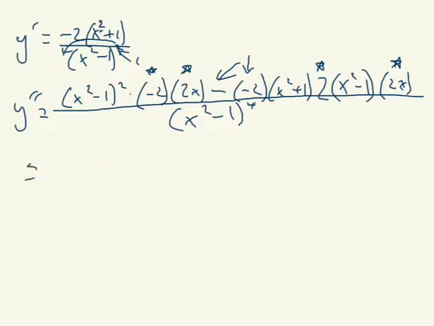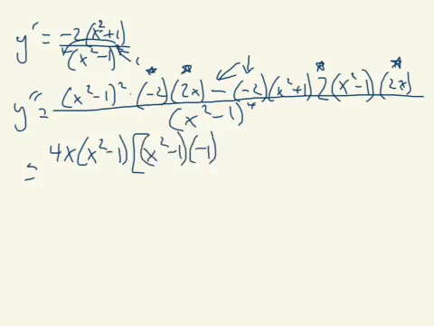So I'm going to pull out 4x, x squared minus 1. So what is left? An x squared minus 1 and a negative 1, right? That negative comes from here. And of course, I only pulled out a single x squared minus 1, so there's one of those left.